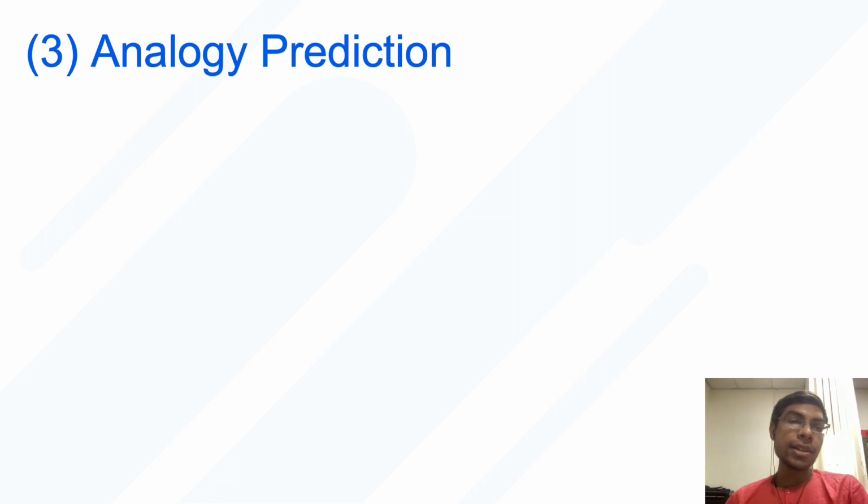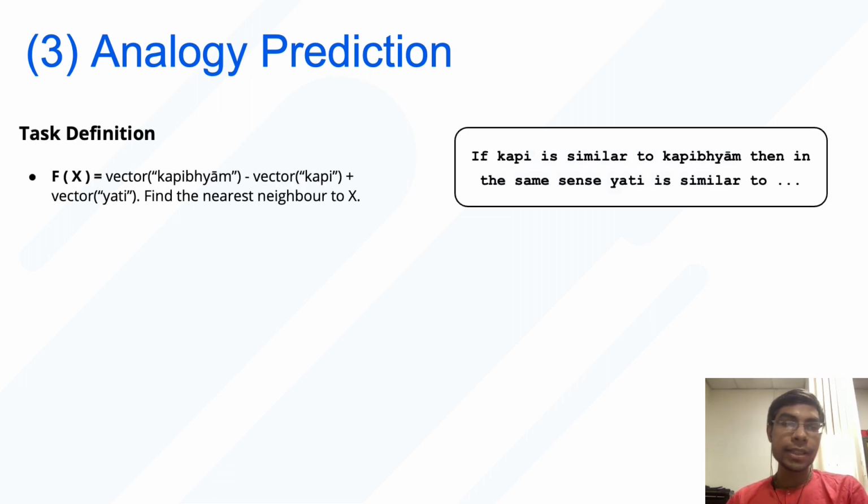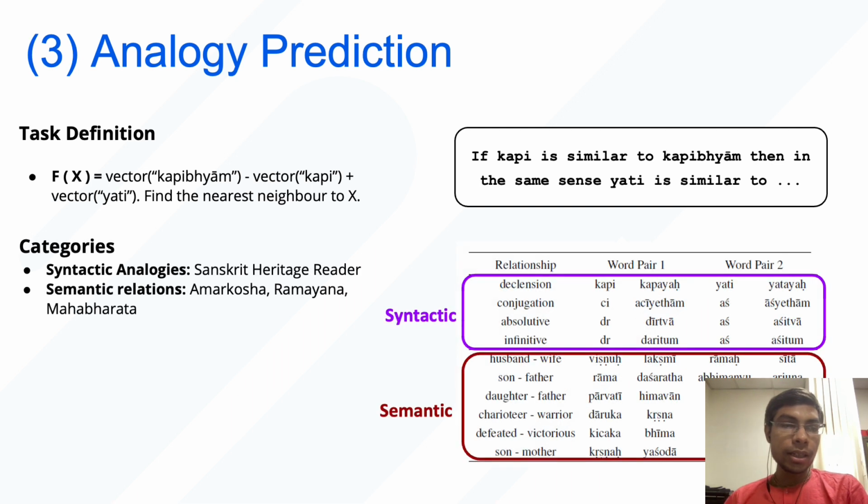Next one is the analogy prediction task. For example, if kapi is similar to kapibhyam, then in the same sense, yati is similar to which word? There are 2 categories: syntactic analogy and semantic analogy. For syntactic, we have used the Sanskrit Heritage Reader, and for semantic analogies, we use Amarkosha, Ramayana and Mahabharata.